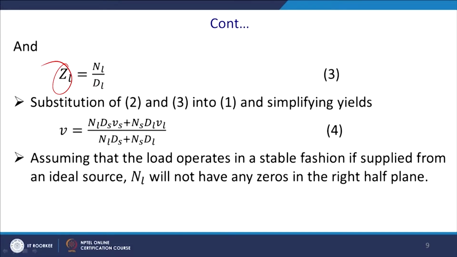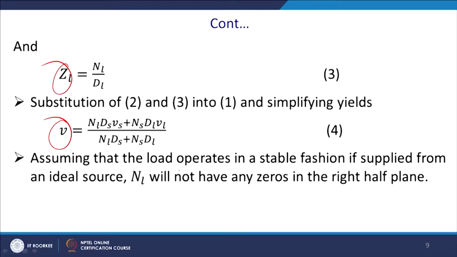While substituting these 2 and 3 in 1, we can find V as (NL DS into Vs plus NS DL into VL) by (NL DS plus NS DL).